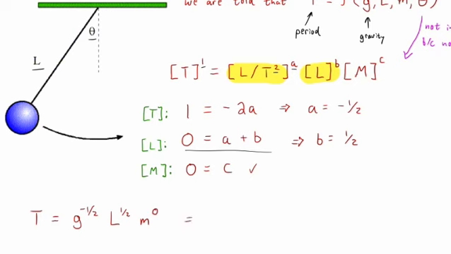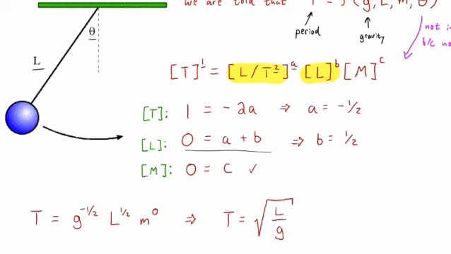Cool. That tells us then that the period is equal to, and I'll clean up here, g to the -1/2, L to the +1/2. Those are both square roots with g in the denominator. So we just get the square root of L over g.